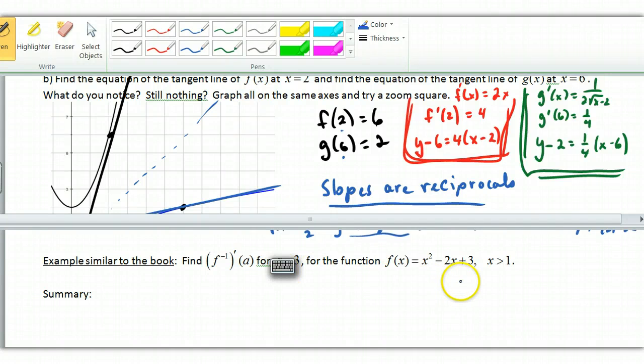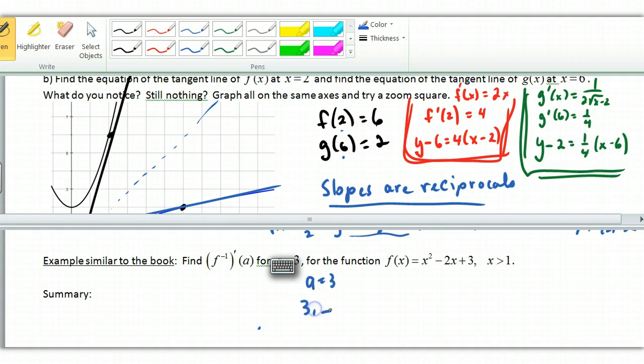Now this is what the book problem would look like. It's kind of the same thing. They want to find f inverse prime of a. I got to get that keyboard out of there. I don't know why it's there. So if I take the 3, remember a is equal to 3, that's on the inverse function.